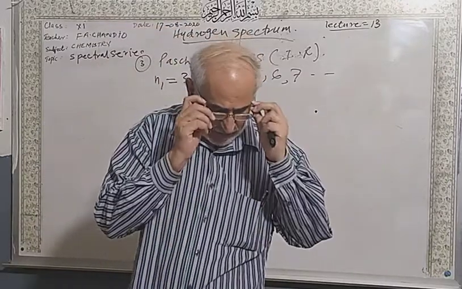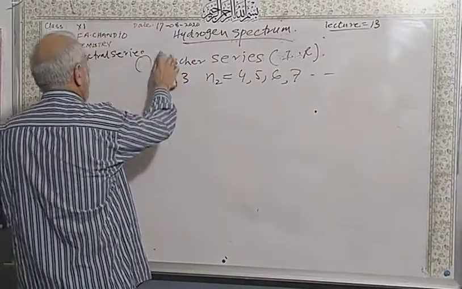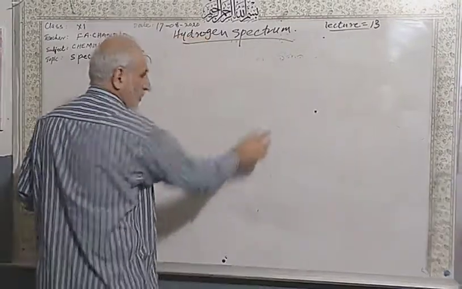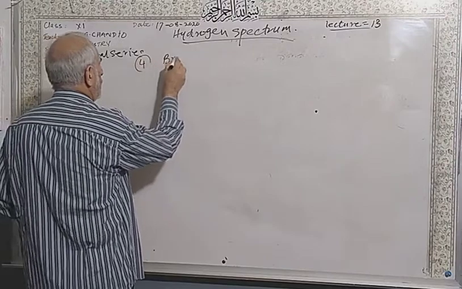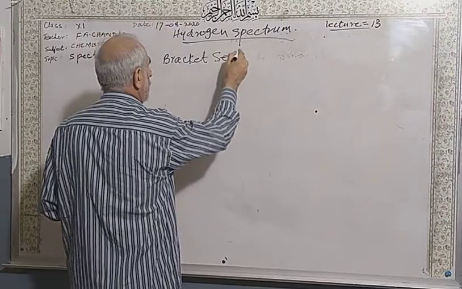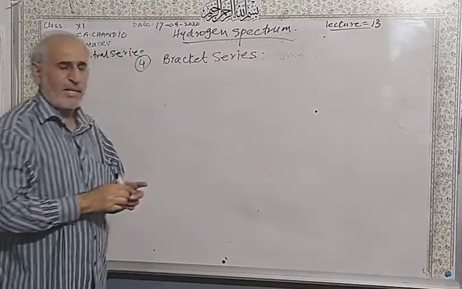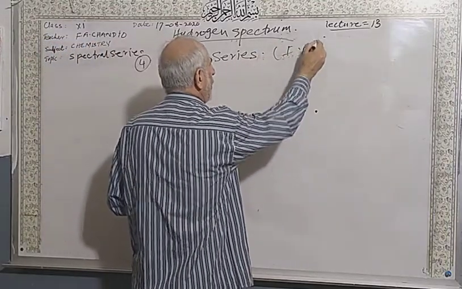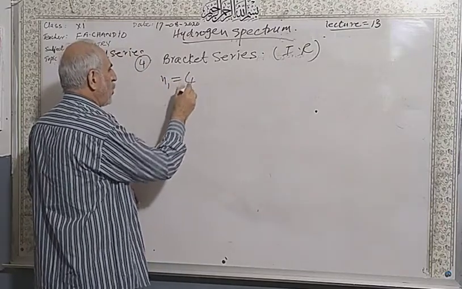Then number 4 is the Brackett series. The Brackett series is also in the infrared region, IR, and n1 must be equal to 4.